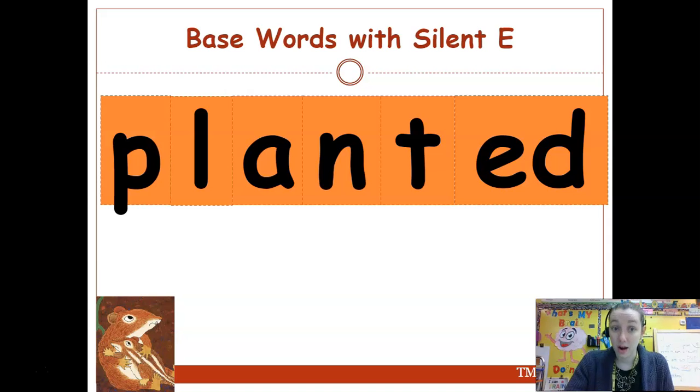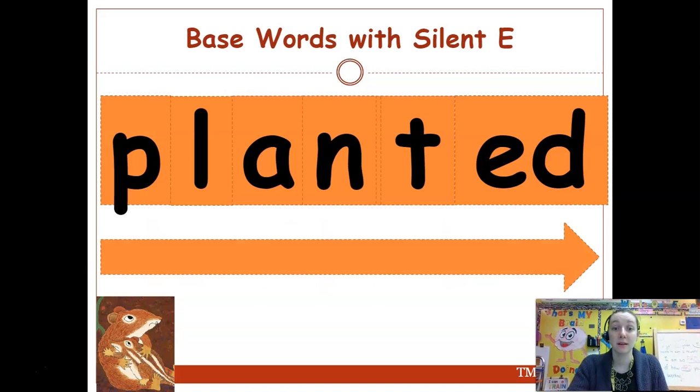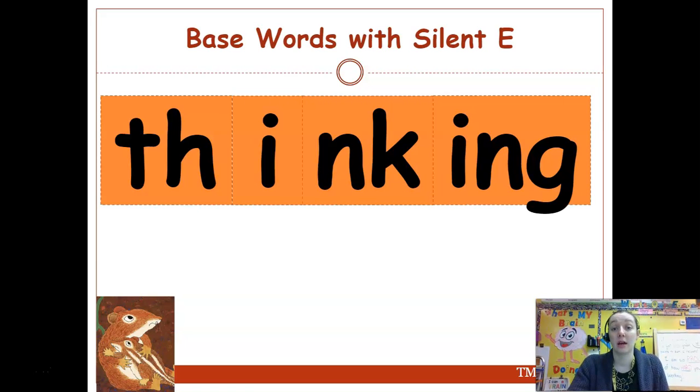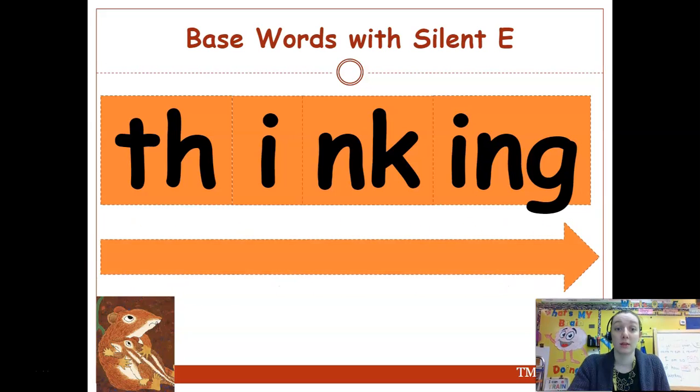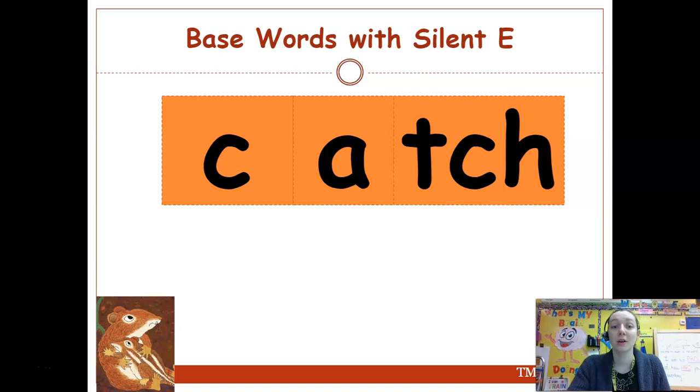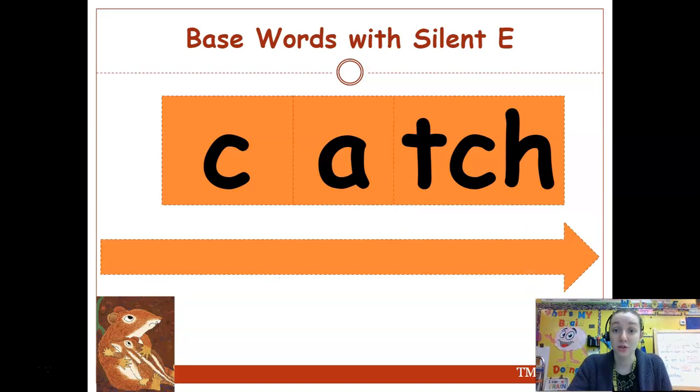Okay, so you have plant, ed, planted. Same thing, this did not have a silent E, so you just added that ending to the end, planted. And then you have thinking. Say thinking. Did not have a silent E, so you just add the ing to the end. All right, catch. Okay, so think about this. How would you add an ending to this? Would you have to drop anything?